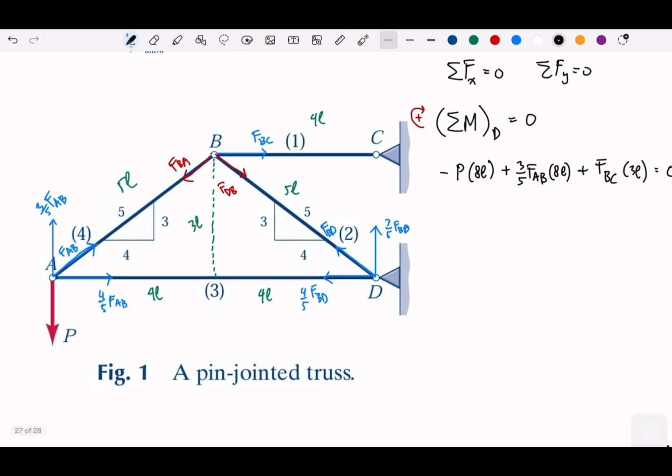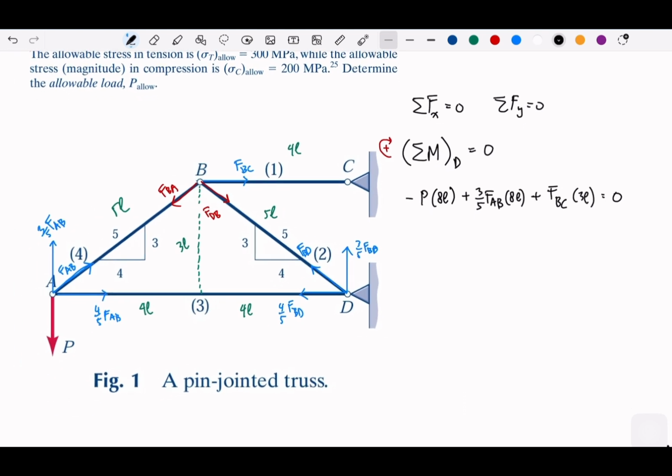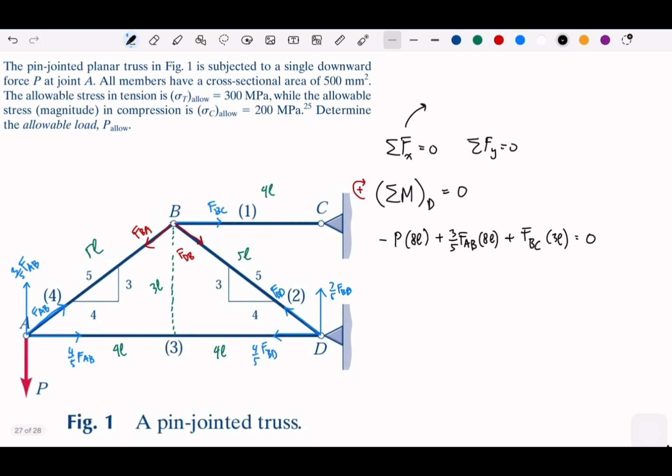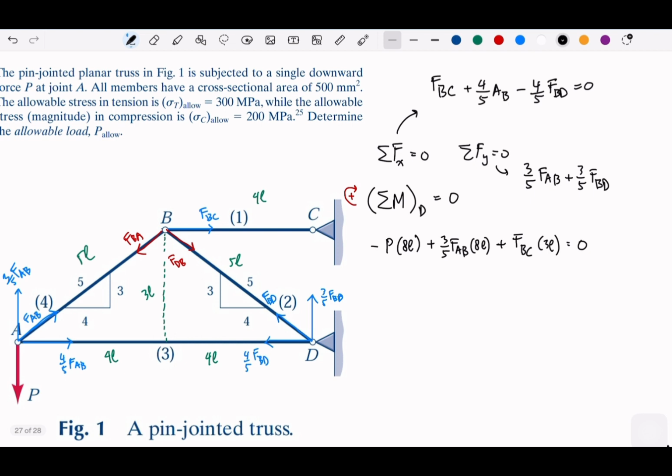And then we could see from the sigma F, what should we have here is this one, FBC plus 4 over 5 FAB minus 4 over 5 FBD is equal to 0, and for the vertical one, 3 over 5 FAB plus 3 over 5 FBD equal to P, right?